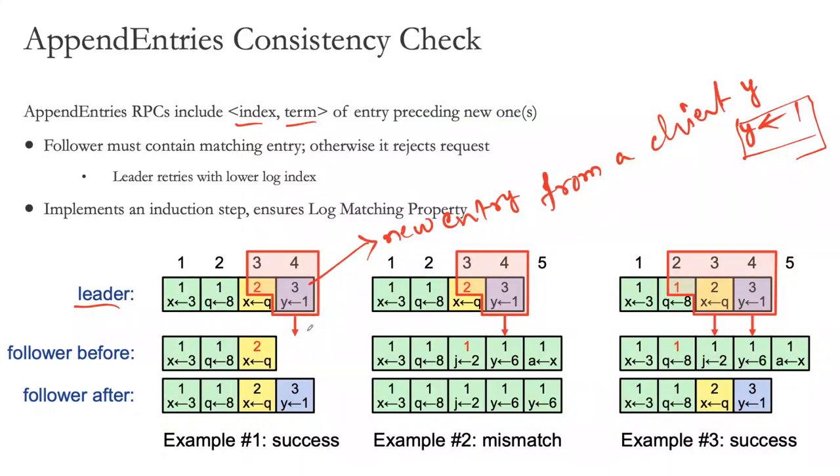So upon this request received by your follower, the follower will check the index, that is 3, and the term is 2. When the previous index and previous term are matching, it means the record is up to date and the new entry will be added successfully to maintain consistency.